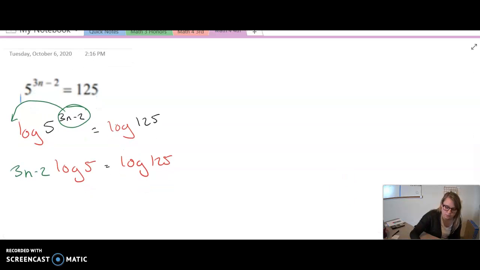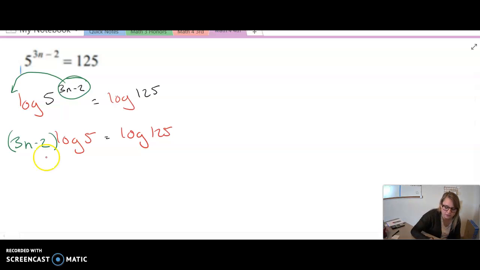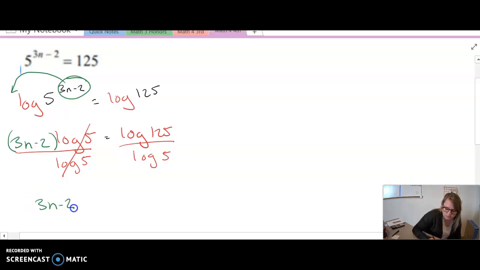The thing to remember about that coefficient is that even though it's multiple terms, it is one term in itself. I want to get rid of that log of 5, so I'm going to divide both sides by log of 5. And so now I have 3n minus 2 equals log of 125 over log of 5.